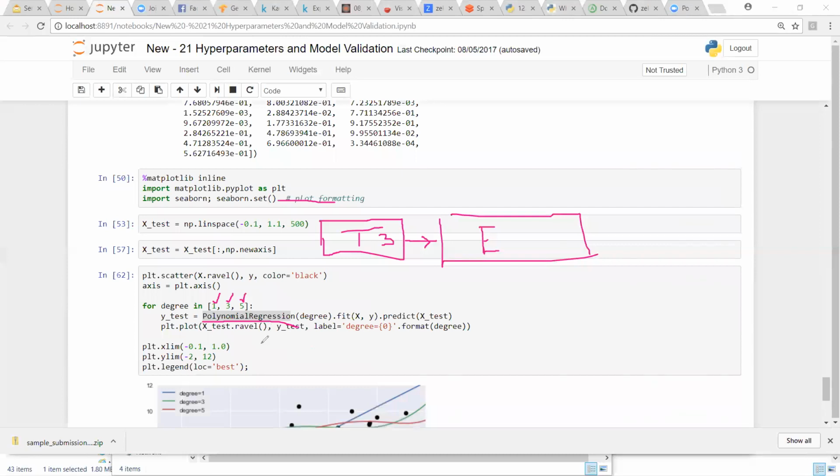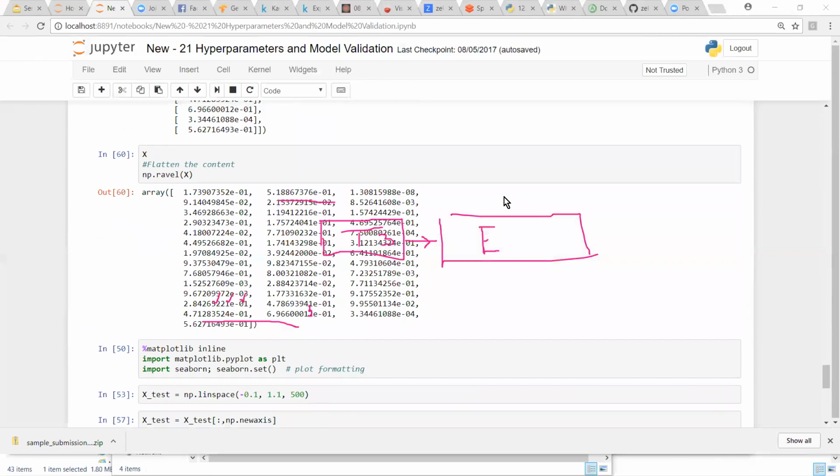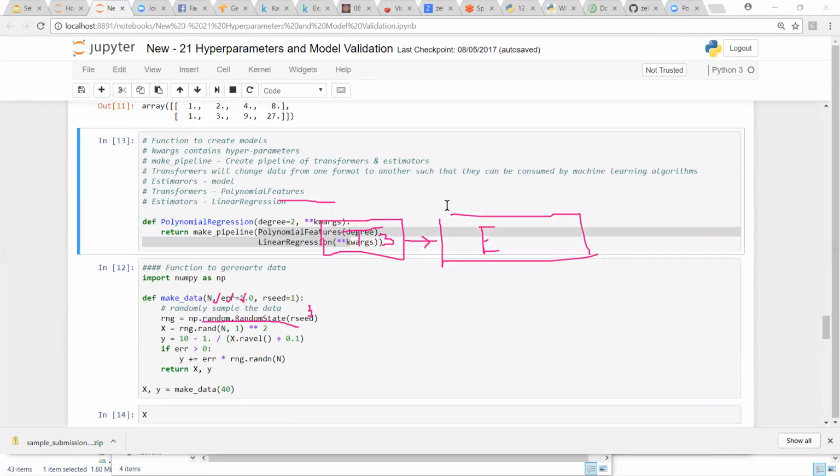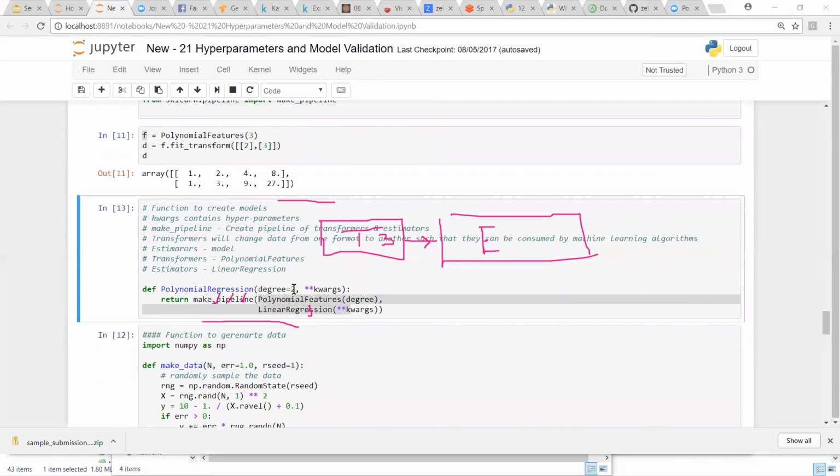Let's take a middle case, when the degree is 3. The polynomial regression function gets a degree 3. It comes here. So what is the value here? Degree 3. It calls this object, and what will degree 3 return here? It will return an object which is capable of doing the transformation on the data to degree 3.